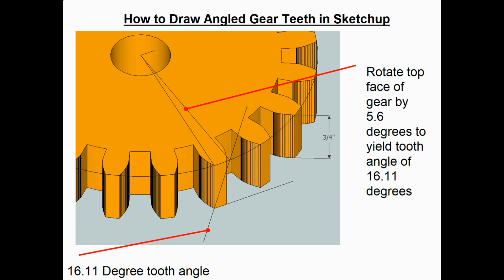So if we actually measure where the 16 degrees intersects the outside of the gear, we draw another line from the center out to that point, and that turns out to be 5.6 degrees. That's how much we have to rotate the top face to end up with a teeth angle of 16.11 degrees.